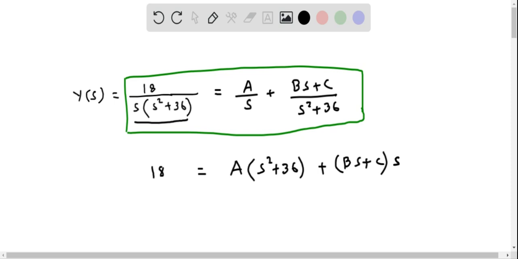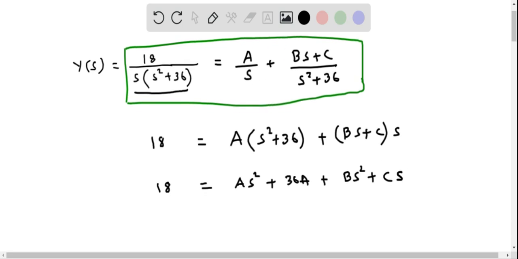Now we have to determine A and B, so let's write this down as 18 equals: we distribute the A in the first term, that is A s squared plus 36 times A, plus we distribute the s into the second expression, so this will be B s squared plus Cs.